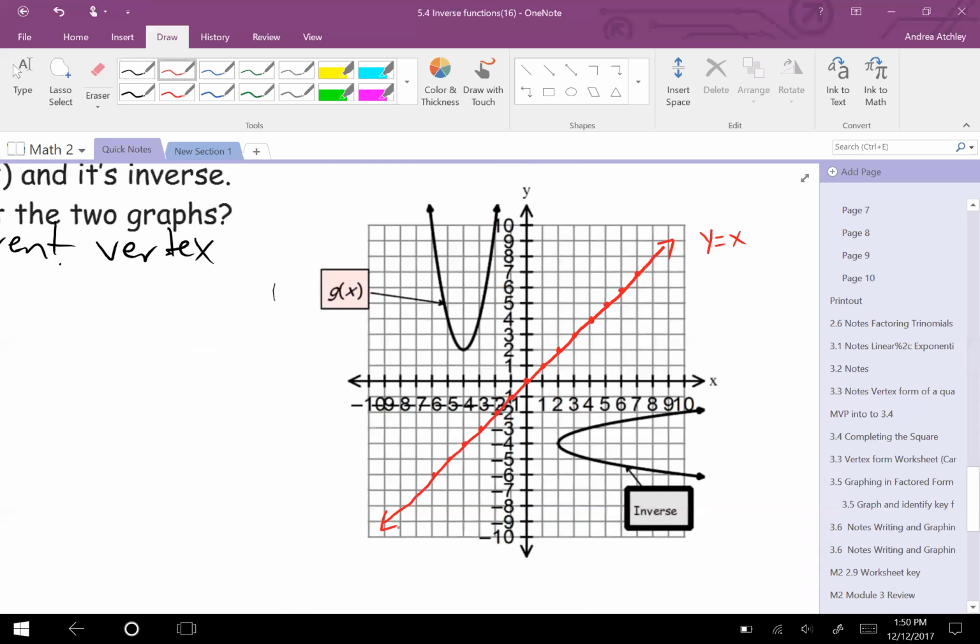Okay. So all inverse graphs have this relationship. It's a reflection across y equals x. Okay.